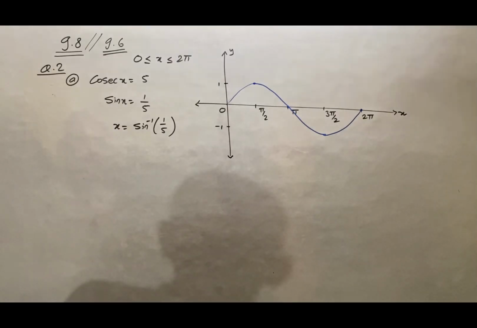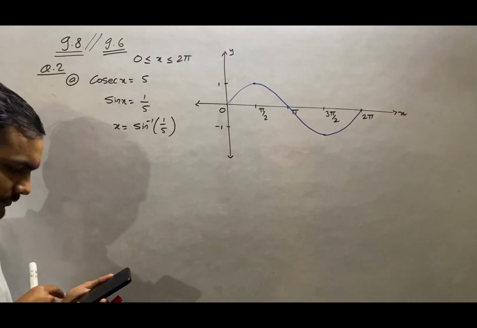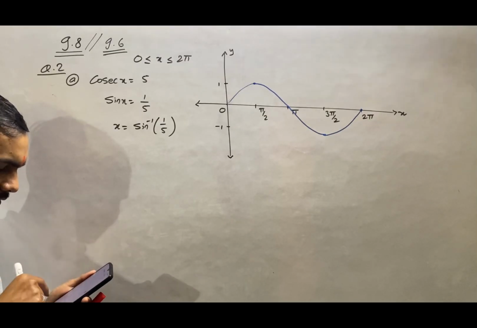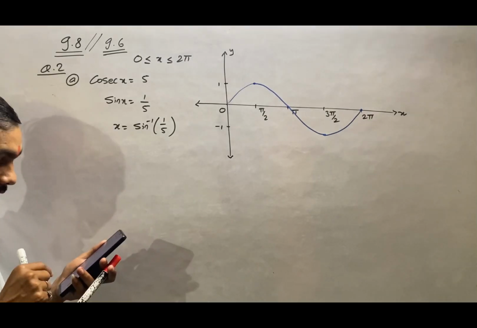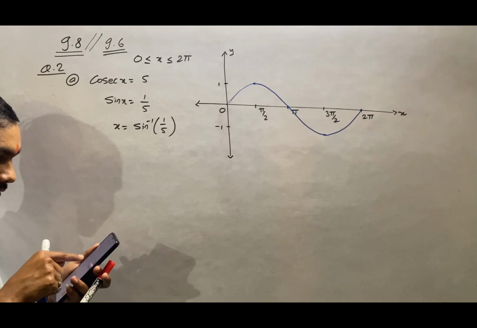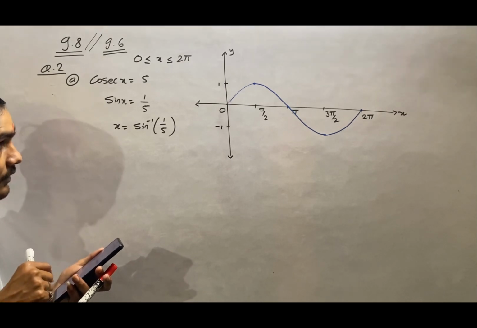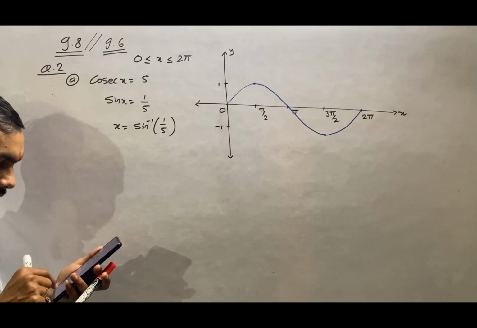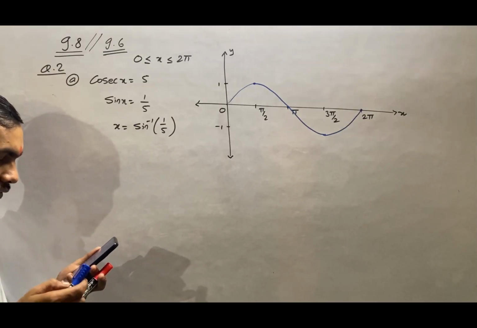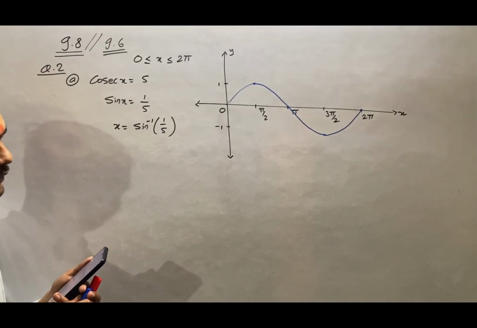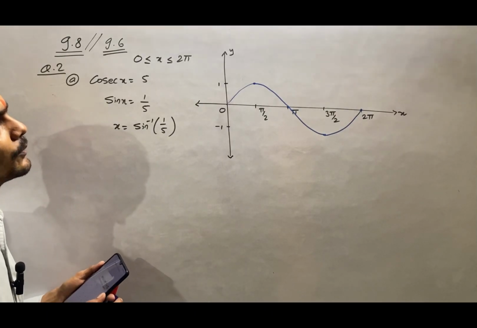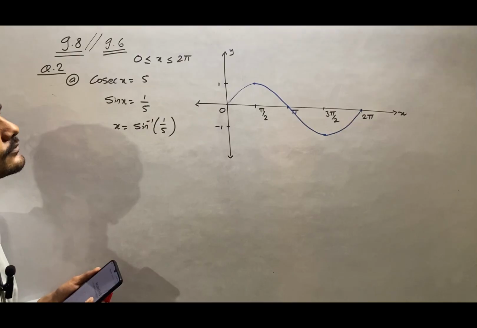So now let's solve this value. But now I think we have to solve in radians, right? So 1 over 5 is 0.2. So 0.2 radian.